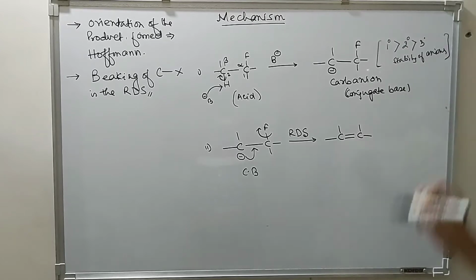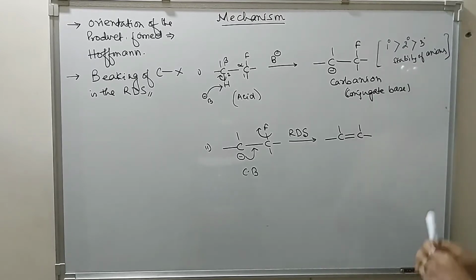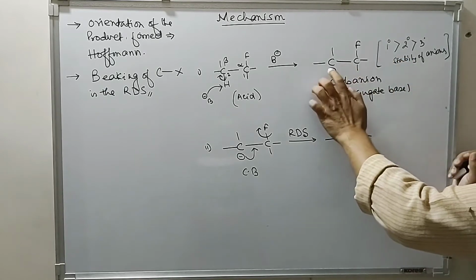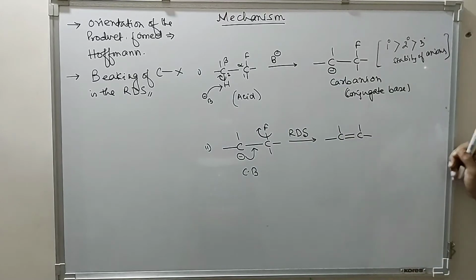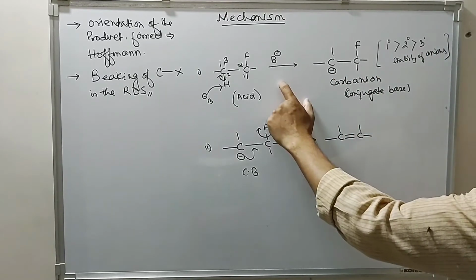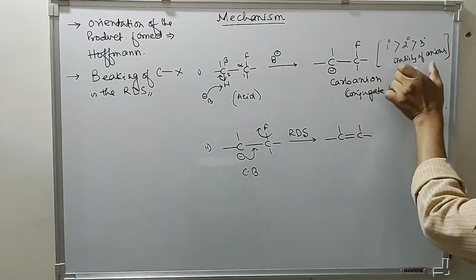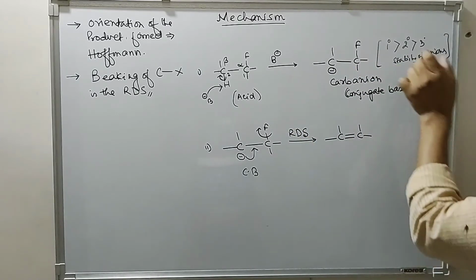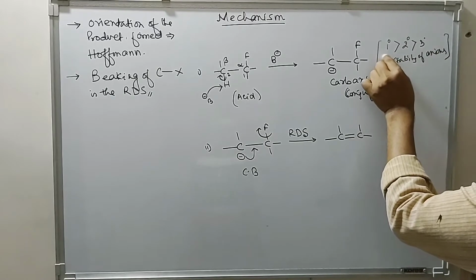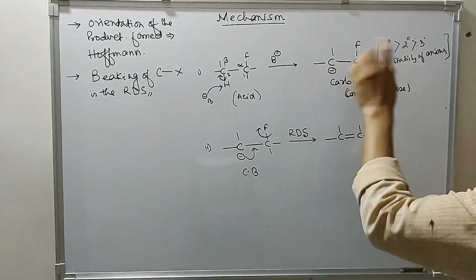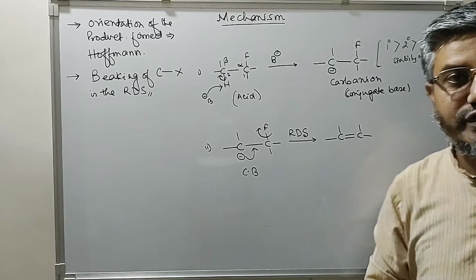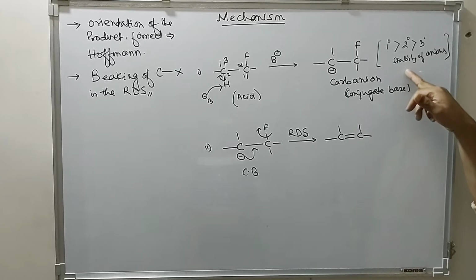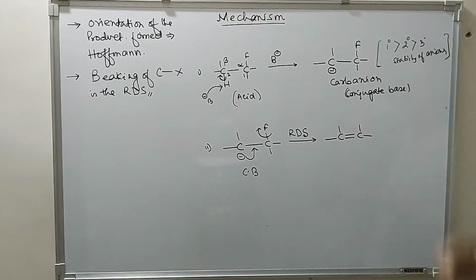So since primary carbanion is the most stable, the primary carbanion formation should be the fastest reaction. So the reactivity of alkyl halide is parallel to the stability order of carbanion. Primary carbanion being the most stable, primary alkyl halide is the most reactive. So this is for the first point, why primary was the most reactive. The reason, the intermediate primary carbanion is the most stable.